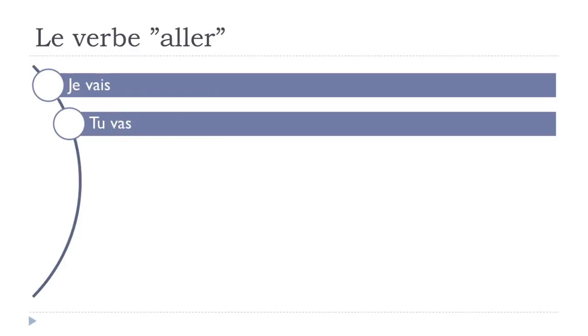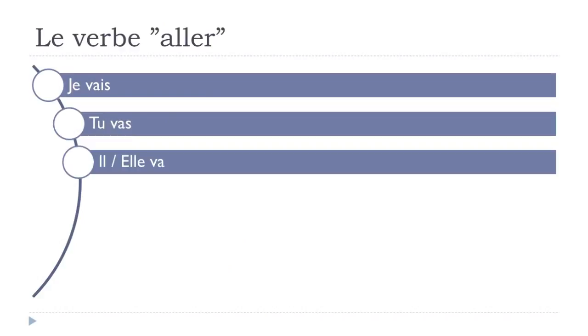Then we've got il, for the masculine form, he, and then elle, she, and then you get the va form. Basically you pronounce it like for the tu because you don't pronounce the final s. Il va, elle va. Je vais, tu vas, il va, elle va.